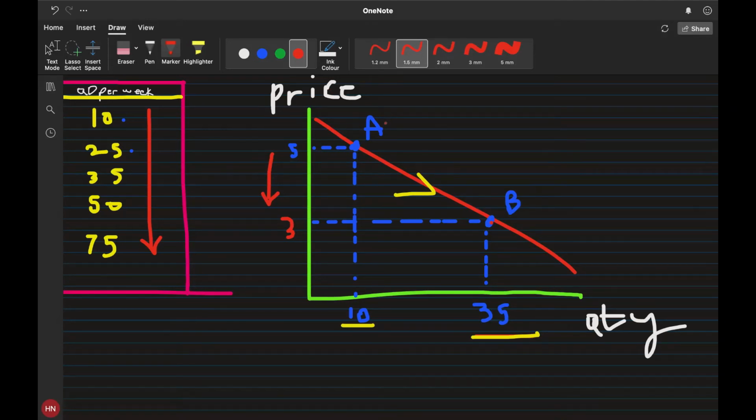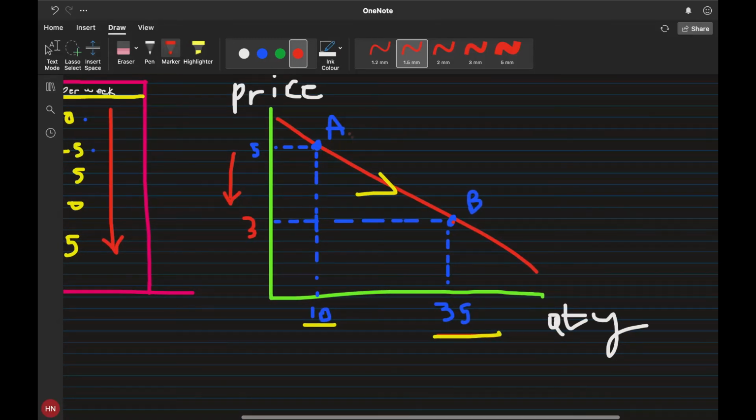So let's have a look at an example over here. For example, point A and point B. If the price is 5, which means that 10 goods are being demanded at that price, we are demanding at point A over here.